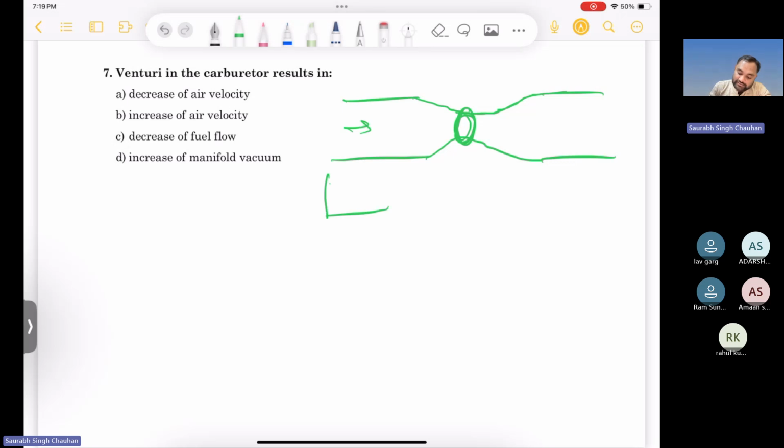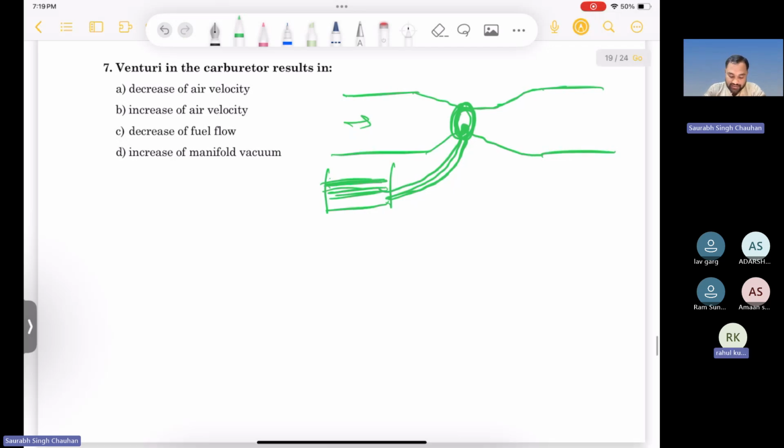There is one chamber in which fuel is present, and the pressure in this chamber is 1 atmosphere, and it is connected using some pipe to this region. Some thin nozzle is there. Since the pressure at this point is dropped, it is lesser as compared to atmospheric pressure, so fuel comes from this chamber into your venturi tube. This is the governing principle.